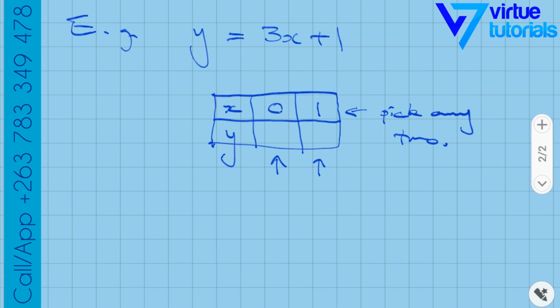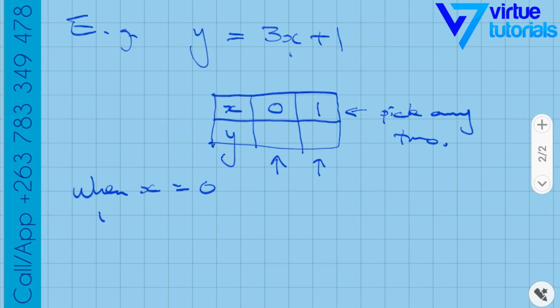Now we've picked two x values, 0 and 1. So for us to find the y value, we must substitute these x values into that equation here, right? So I'll start off with when x is equal to 0.